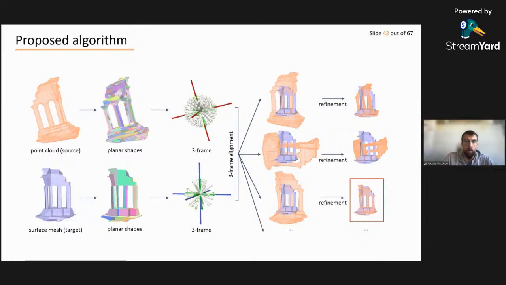I was wondering if you tried to play with that. So send, for instance, just unoriented normals and aggregate them and see if you get a similar descriptor. That would spare you the planar shape extraction at first.